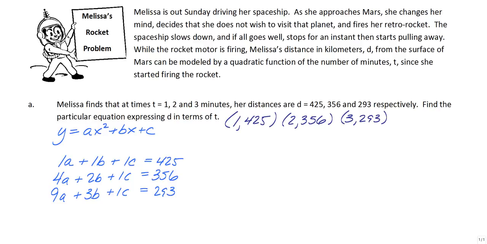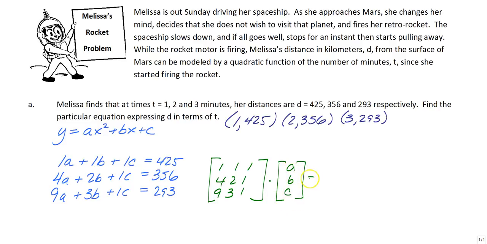We also talked about in a previous video how to solve this using inverse matrices. So of course we would have the matrix 1, 1, 1, 4, 2, 1, and 9, 3, 1 times A, B, C, and that's equal to 425, 356, and 293. Now, we called it A and B in an earlier video.